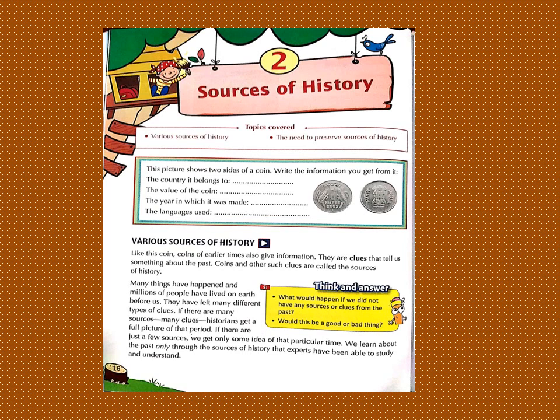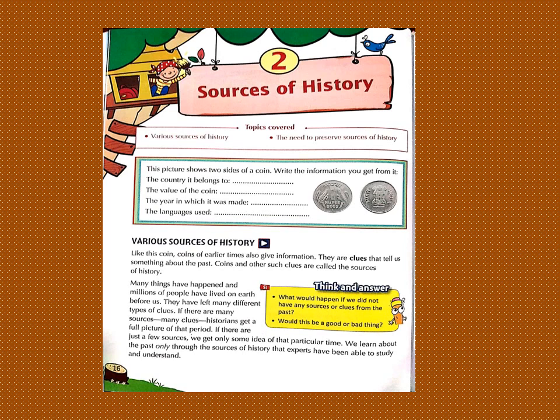Clear? Many things have happened and millions of people have lived on earth before us. They have left many different types of clues. So there are a number of hints available for us, all given by the people of the past. Those clues or hints are helpful to understand the life of those people.